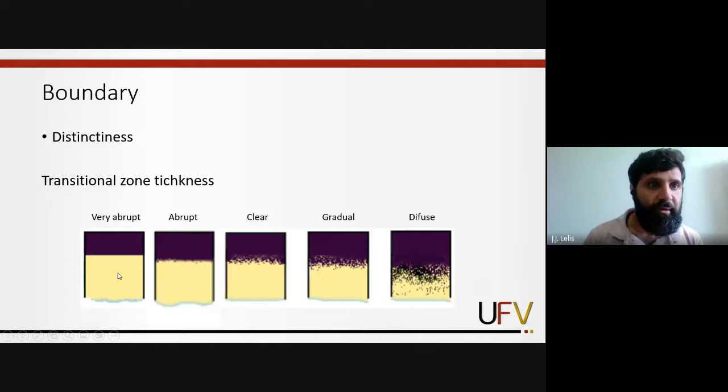For the boundary between the horizons and layers, we should describe according to topics. One of them is distinctness, and distinctness is the change from one horizon into the other horizon. It's the thickness that we can measure, the change in the grading from one horizon, this purple one, to the yellow one. And how fast can I see that this horizon changed to this yellow one?